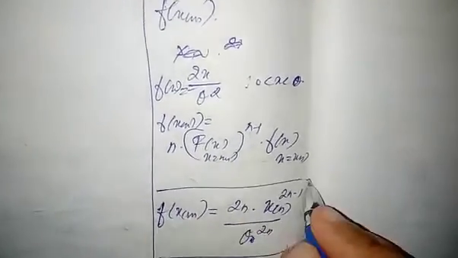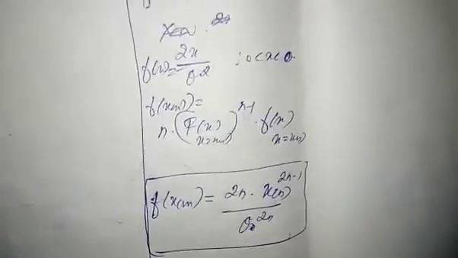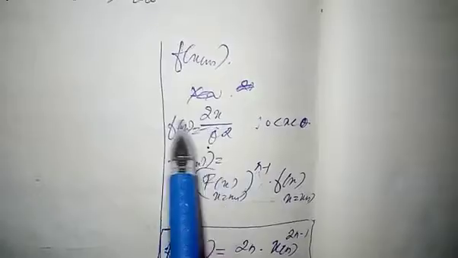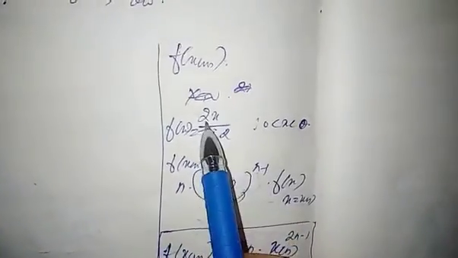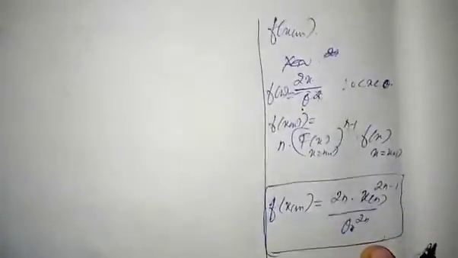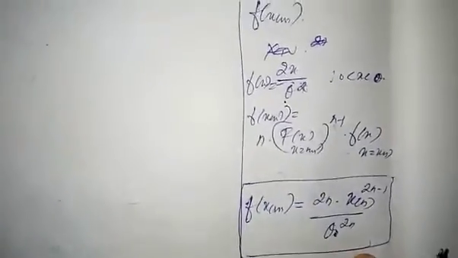This is the density of the nth order statistic in this problem, for the distribution with density 2x divided by theta squared. Using this you have to find out the size of the test and the power function of the test.